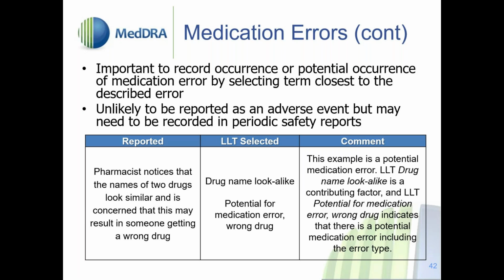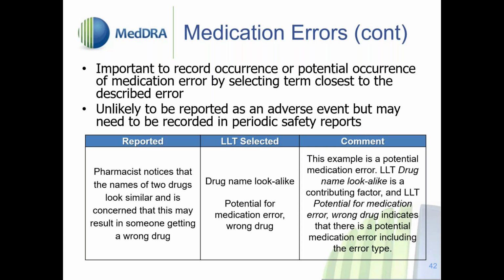So this example is a potential medication error, and MedDRA has LLTs for potential for medication error. And sometimes they are specified, like in this example, there's a potential for medication error, wrong drug. But was there a contributing factor? So again, just like the medication error with a contributing factor, both are important bits of information.